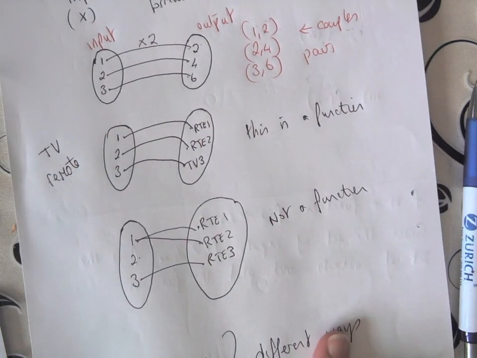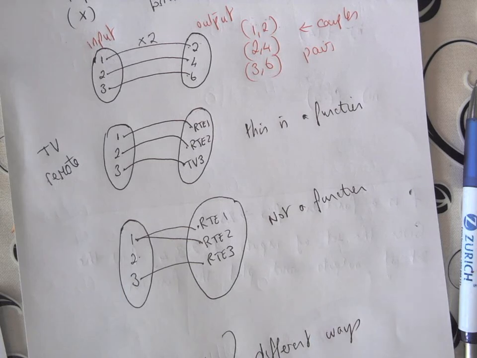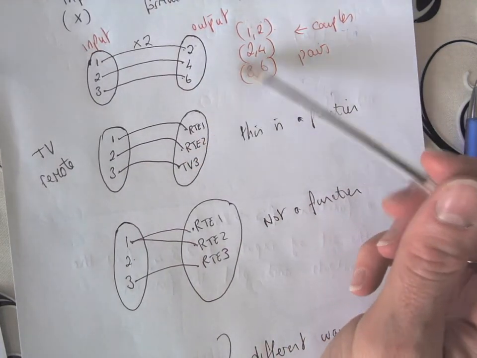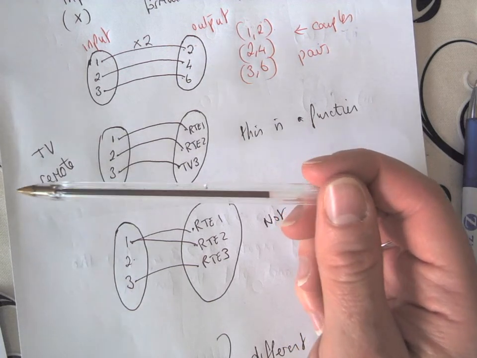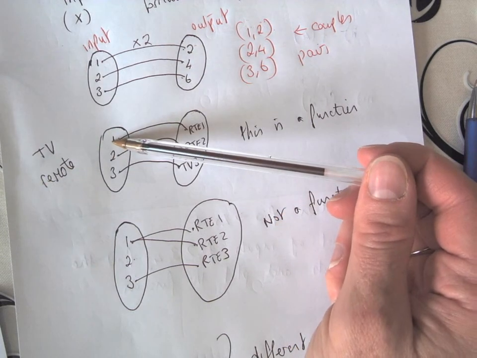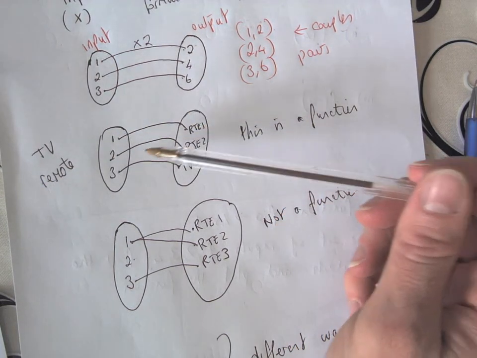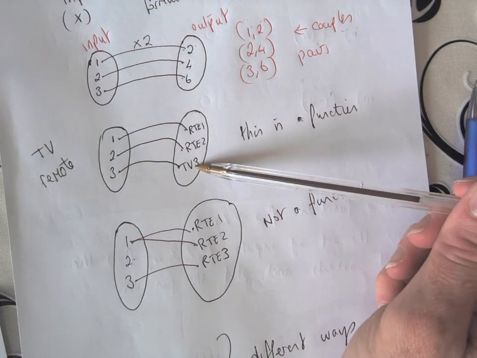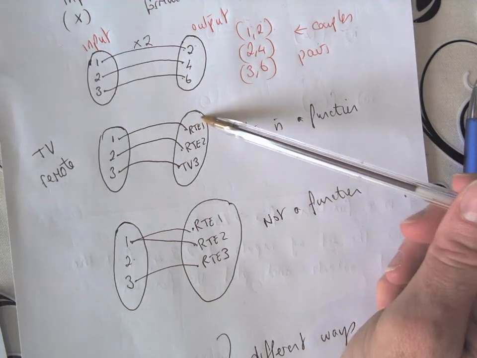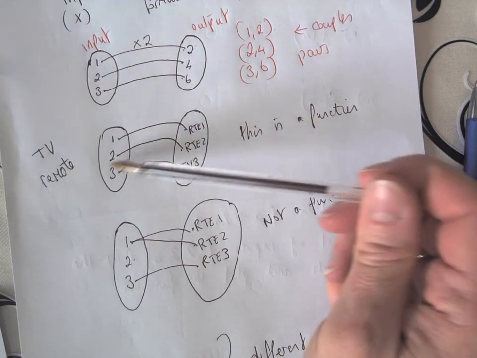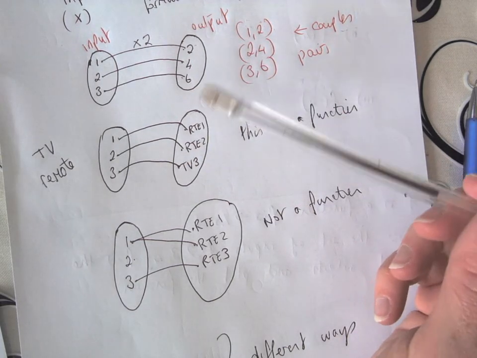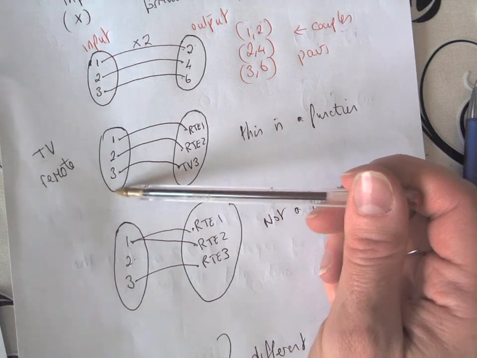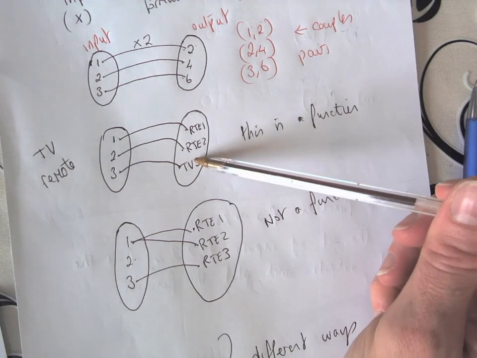We need to be able to distinguish what's a function and what's not a function. From a mapping diagram, or even when given points, the easiest way to think about it is your TV remote control. If you press 1 on your TV, you get RTE 1. If you press 2, you get RTE 2. If you press 3, you get TV3. So each button goes to one channel only. You can have a button that doesn't go to any channel, or you could have 4 going to the same channel as 3.